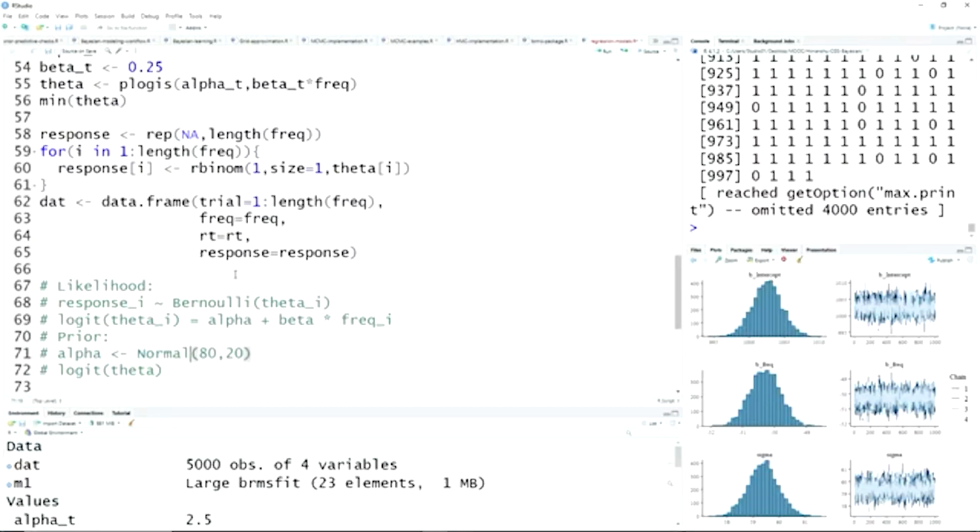Now alpha is on the logit scale, right? So you can set up a prior like this. Let's say 2, 1, okay, or 2, 2 is fine. And for beta, you set up a prior like this, normal 0, 1 or so.